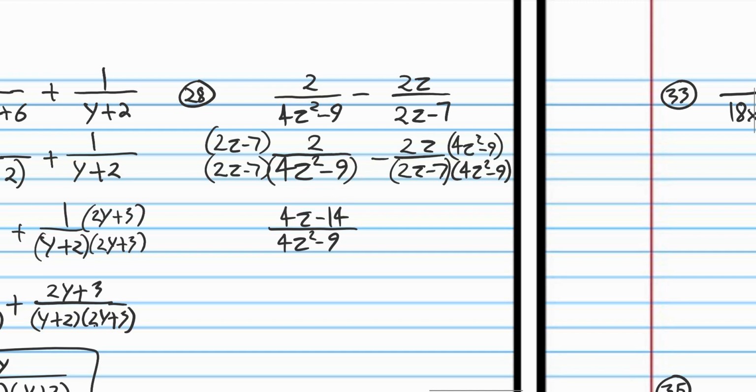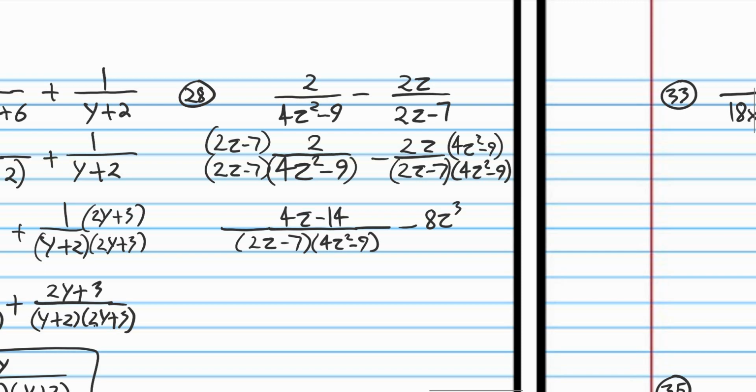And, whoops, I forgot to distribute. Actually, I forgot we don't need to distribute, we just need to write that 2z minus 7 times 4z squared minus 9. And up here, we need to use the distribution rule. 2z times 4z squared is 8z cubed.